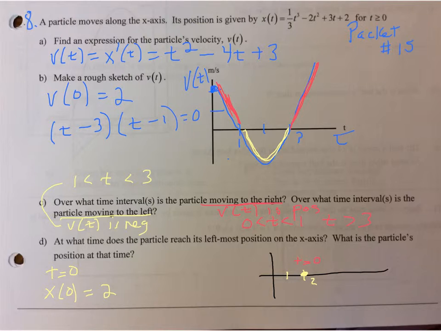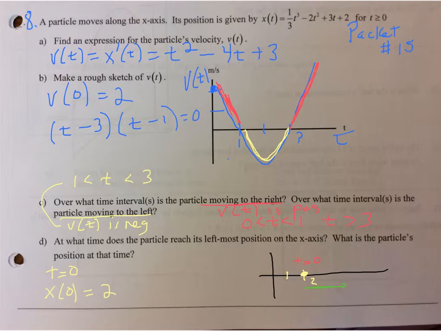Then while the velocity is positive, between 0 and 1, that means the particle is moving to the right.